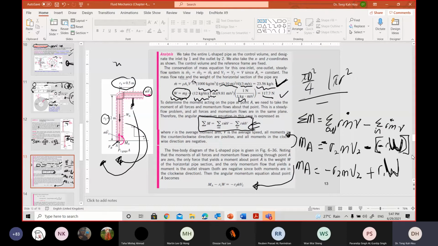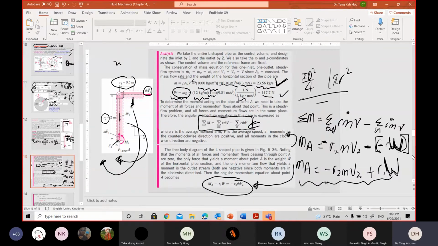So I need to put negative for my inputs. So after you solve the mathematics, this is the final part you get. And this is the main reason you get this for the momentum.